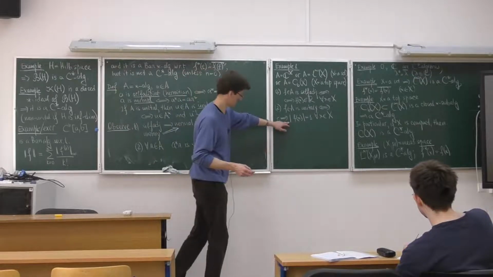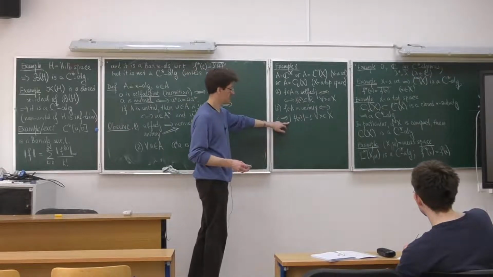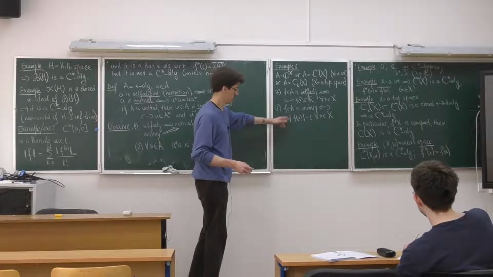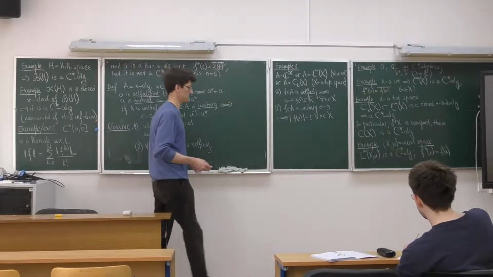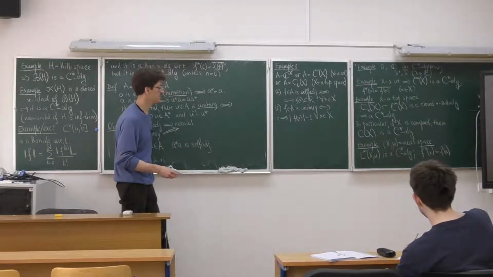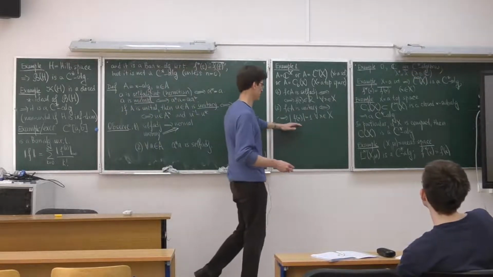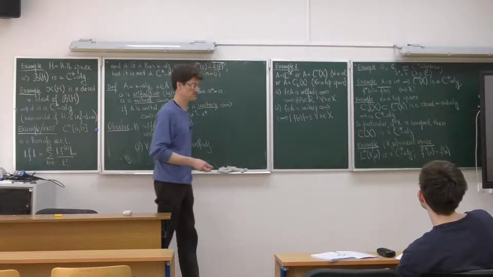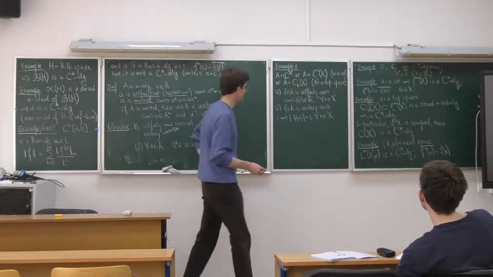So of course, this doesn't imply that f is plus or minus 1. So such numbers form a circle on the complex plane. And in general, there are many continuous functions satisfying this condition.